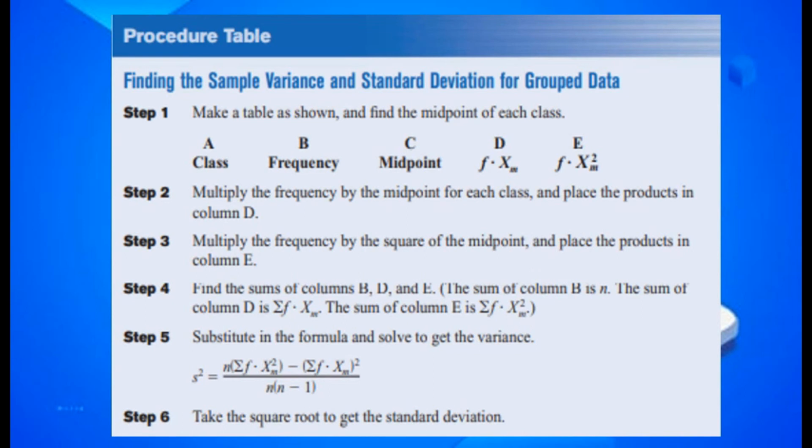Then step 5, substitute in the formula and solve to get the variance, where S squared is equal to N, quantity summation of frequency multiplied by the midpoint squared, minus summation of frequency multiplied by the midpoint, quantity squared, over N, quantity N minus 1. Then step 6, take the square root to get the standard deviation.